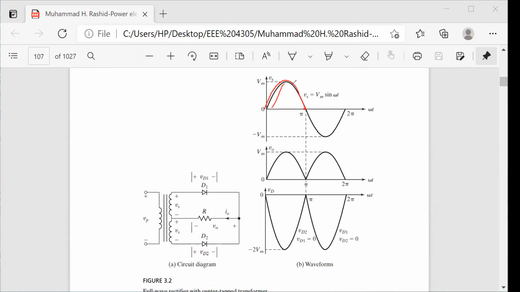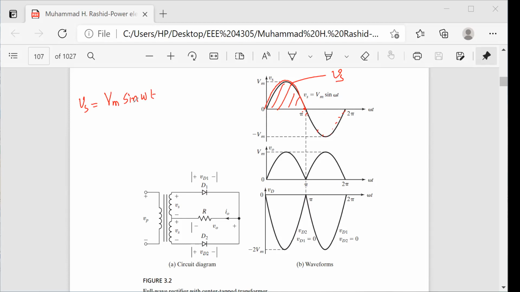Up to this one, positive or negative? Positive. And then after pi it is going negative peak, right? What will be the equation of this if it is Vs? Vm sine of omega t.